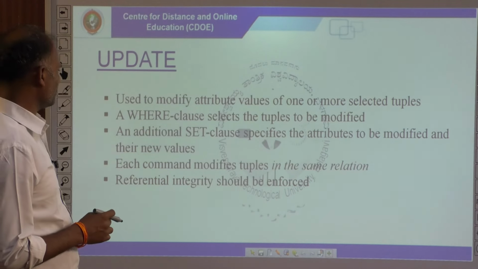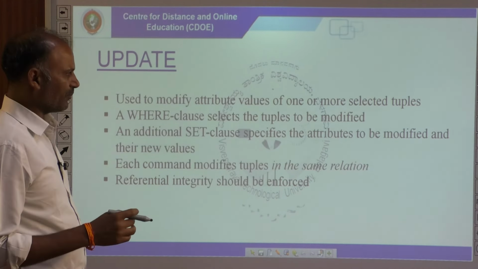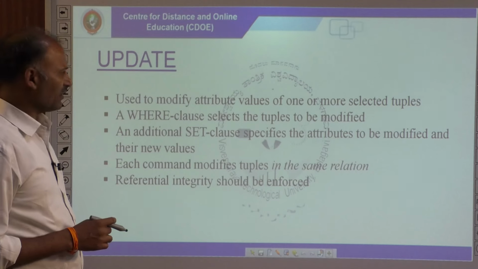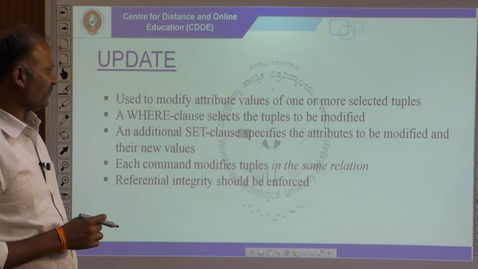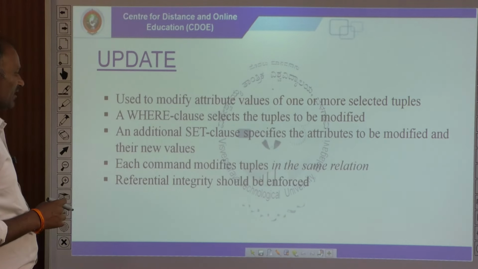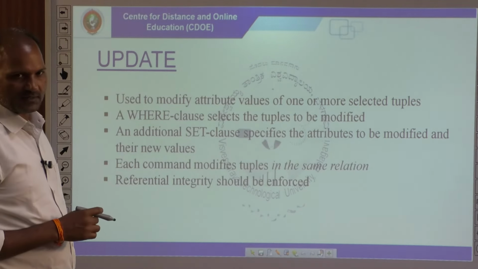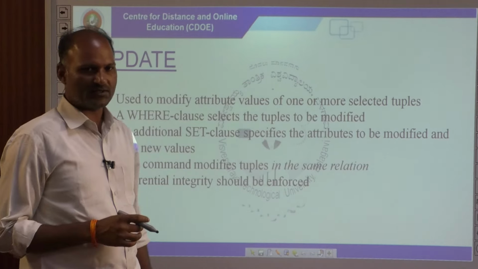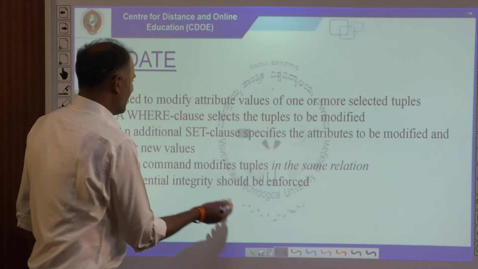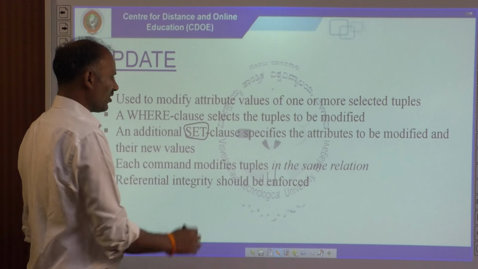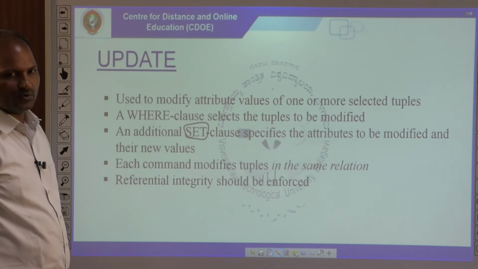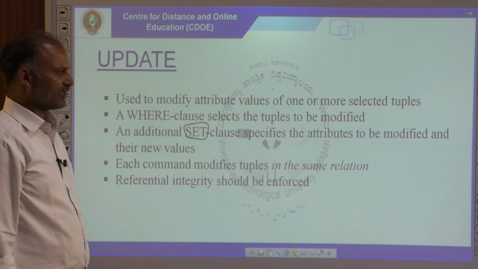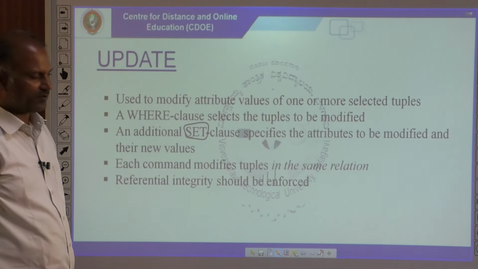Update can also be used with the where clause for updating the data of selected records. An additional set clause specifies the attributes to be modified and the new values. Along with the update statement, we use set, which is used to assign new values to the attributes or fields in the table.